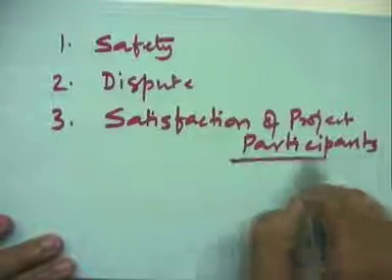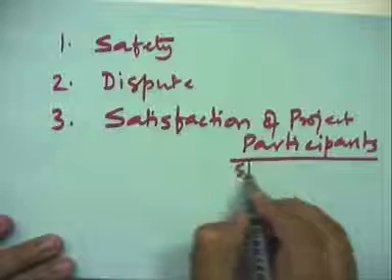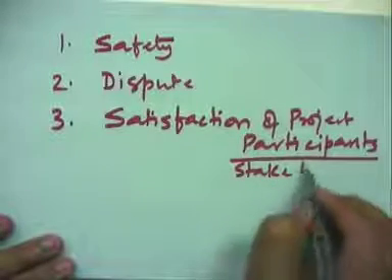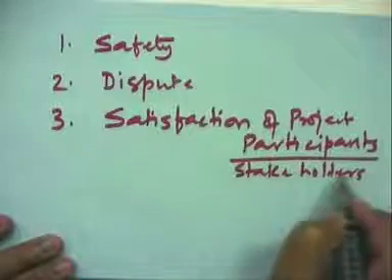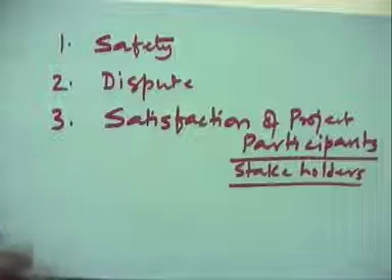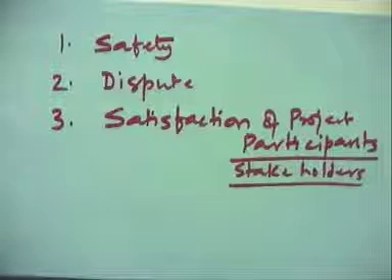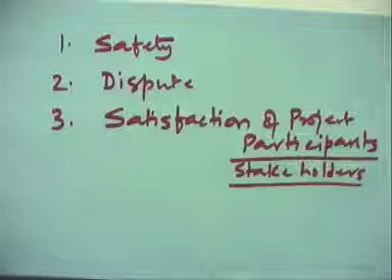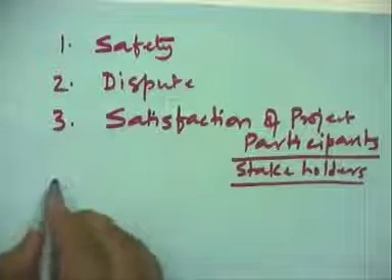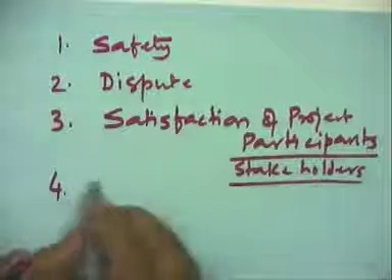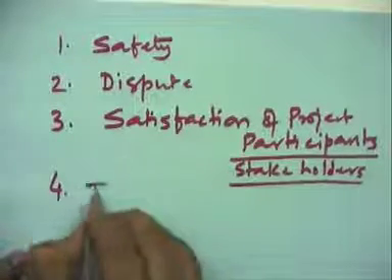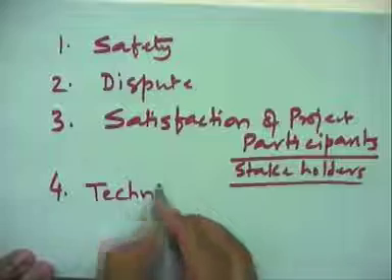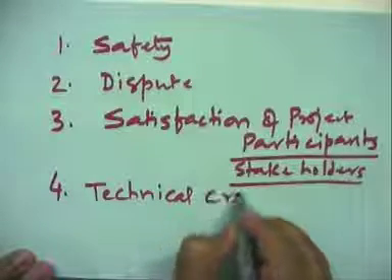We will see who are these participants. They are also sometimes referred to as stakeholders. So we will be discussing the various participants or stakeholders involved in a project, right? Then you also sometimes see whether the project has met the technical criteria.